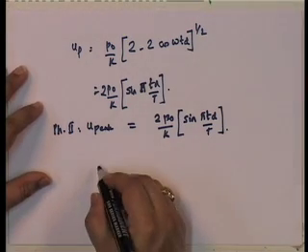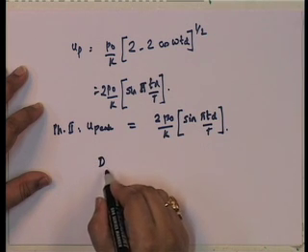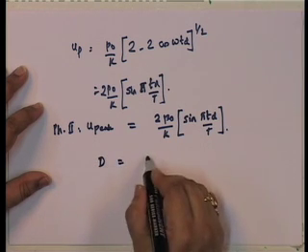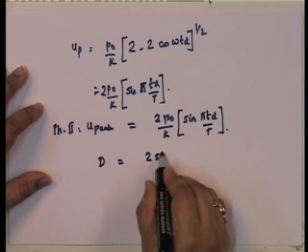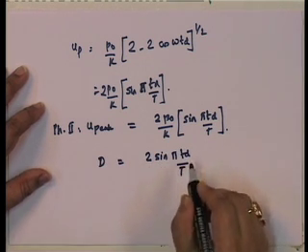And if I rewrite this as the dynamic amplification factor, then this is 2 sine(pi T_d upon T).